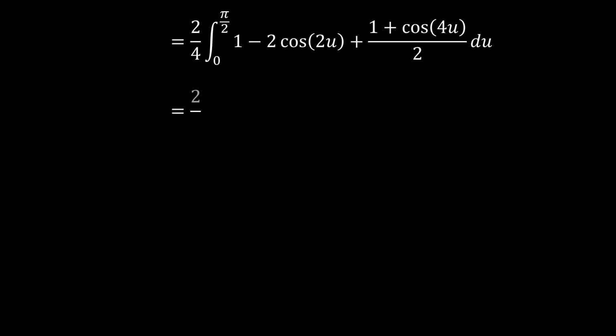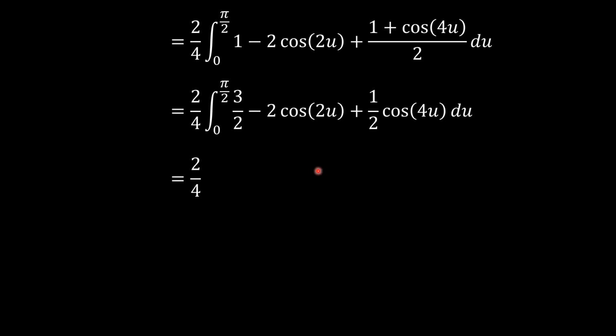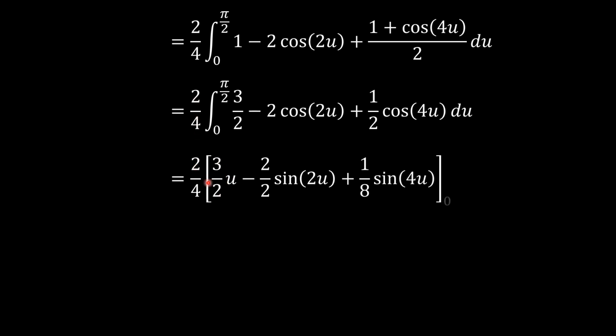So this is a simple integral, because now this becomes 1/2 plus 1 here becomes 3 over 2, minus 2 cosine 2u plus a half cosine 4u, which can be integrated as 2 over 4 times 3 over 2 u minus 2 over 2 sine 2u plus a half sine 4u, with lower limit 0 and upper limit pi over 2.